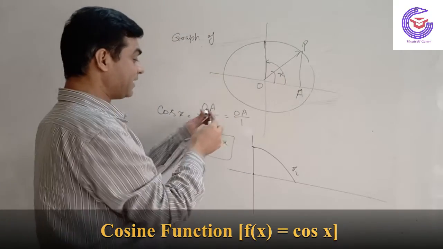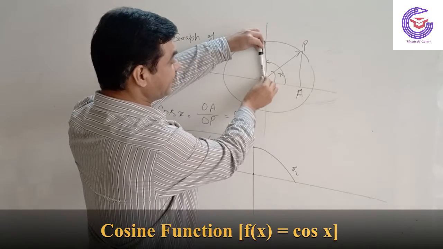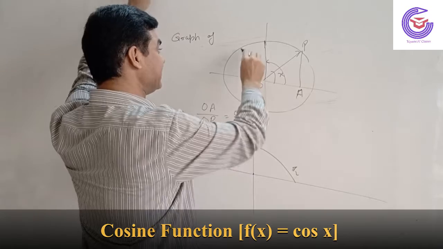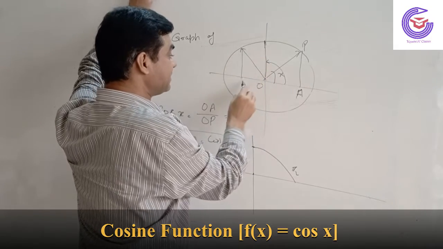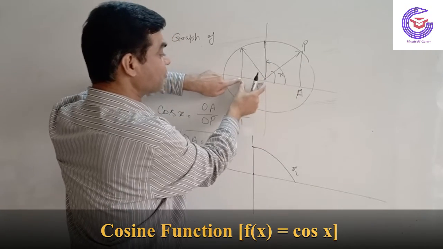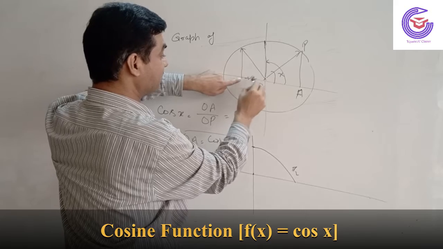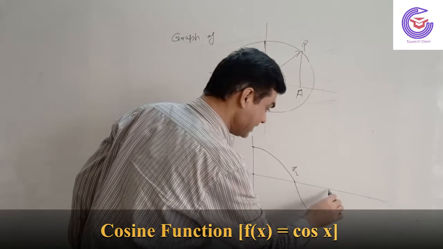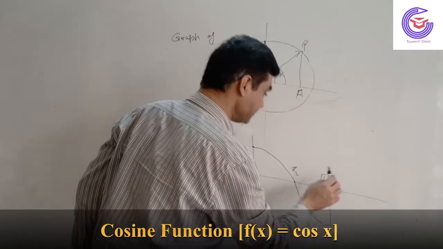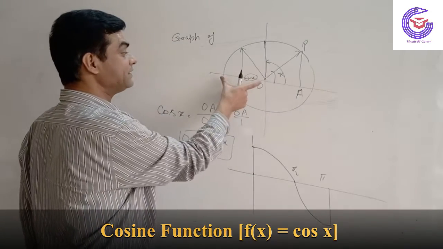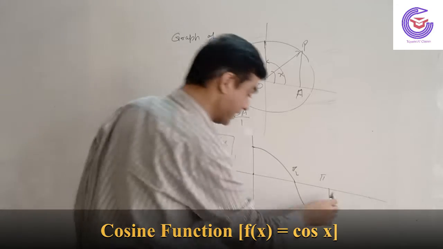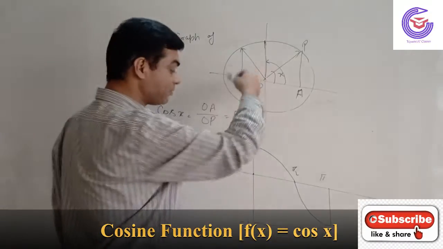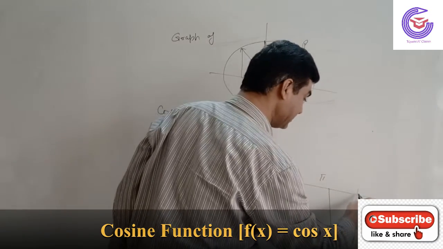What happens after that? When this radius is rotating in the second quadrant, this length becomes negative. See here, this is OA, on the negative side. So it goes negative till x is pi, where it is the minimum value, that is -1. And if you keep on rotating, you will get a graph like that.